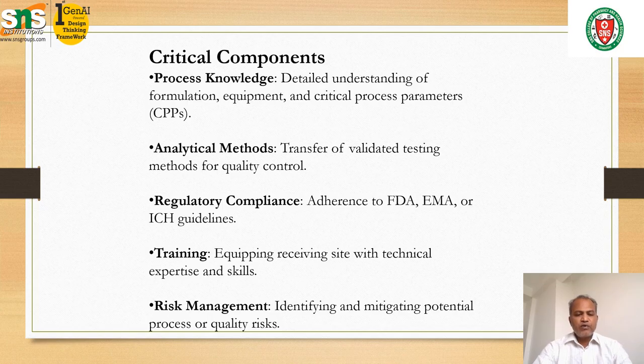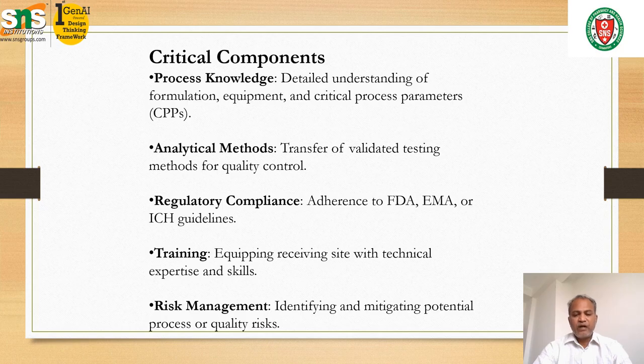Next, analytical methods. As we know, without the proper development or discuss of the analytical methods, there is no more further process. So transfer of validated testing methods for quality control under the analytical methods is a vital role. Next, assess the regulatory compliance. It should be adherence to the FDA.